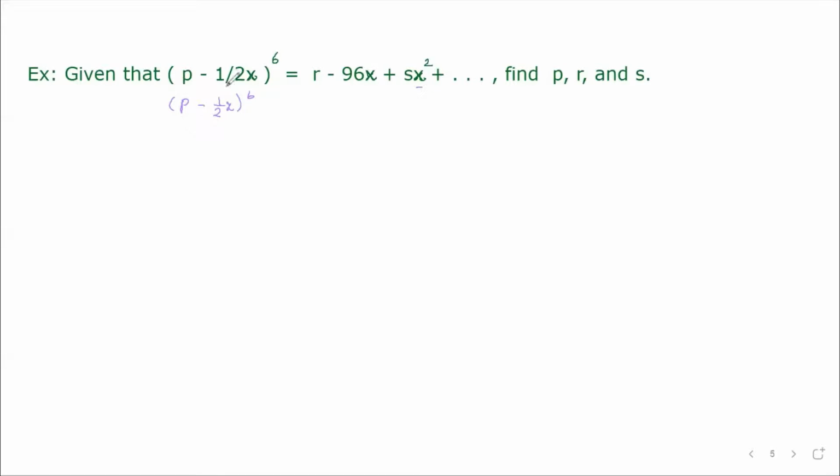So now we expand this one. Because the formula again is a plus b, but this one is minus, I can rewrite it in this pattern: (p plus (minus 1 over 2x)) and the whole thing power 6.